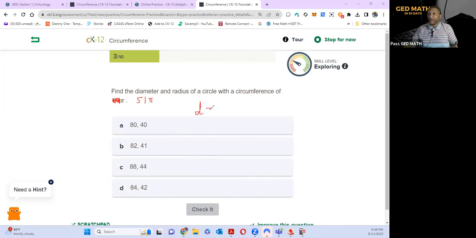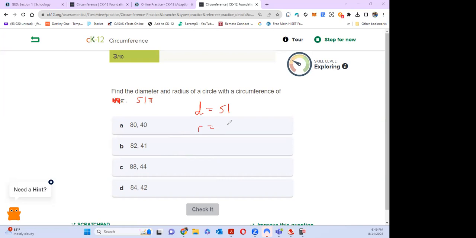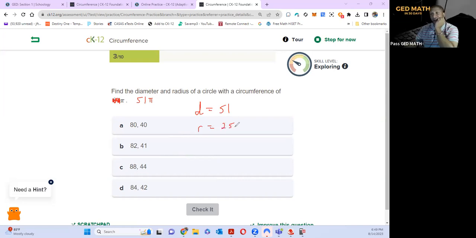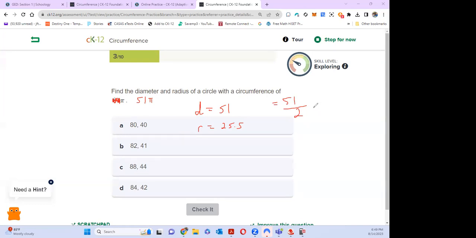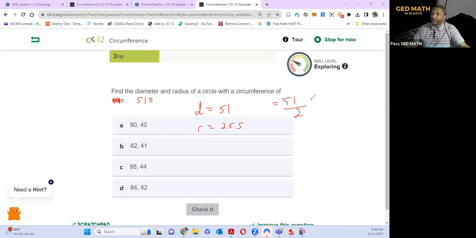So the diameter is 51. What's the radius? The radius is 25.5. If you didn't know, the radius is half the diameter. Just throw it in your calculator: 51 divided by 2. Half of 50 is 25, and 1 over 2 is 0.5.